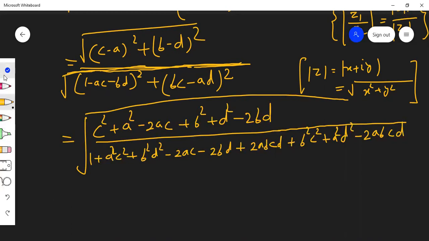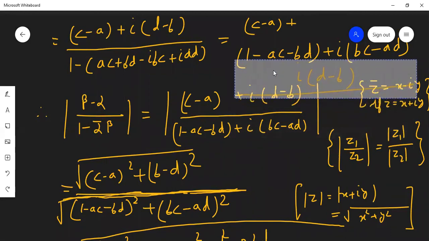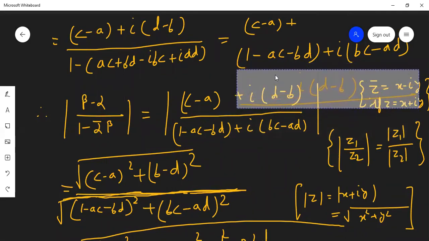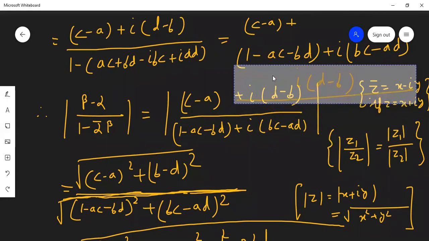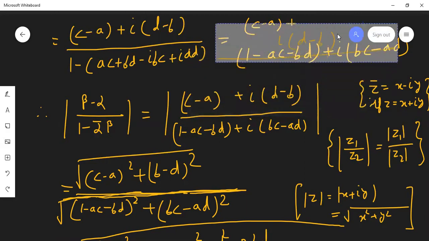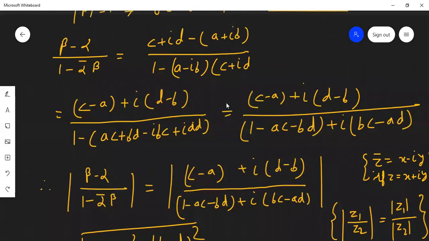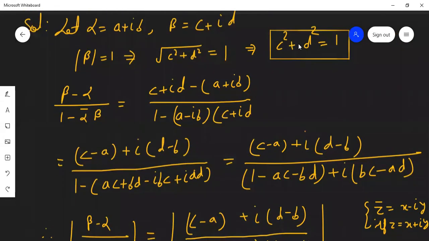Now we saw up there that mod of beta was 1. That means c squared plus d squared was 1. Where is the equation? Yes, here it is: c squared plus d squared is equal to 1.